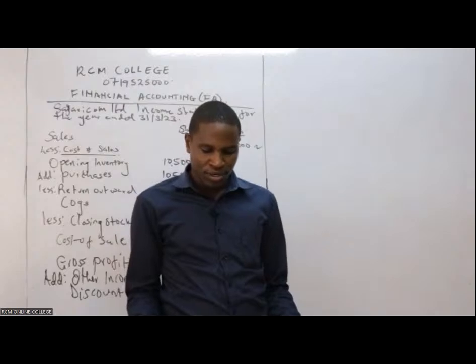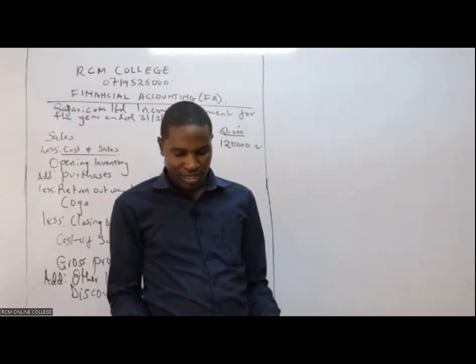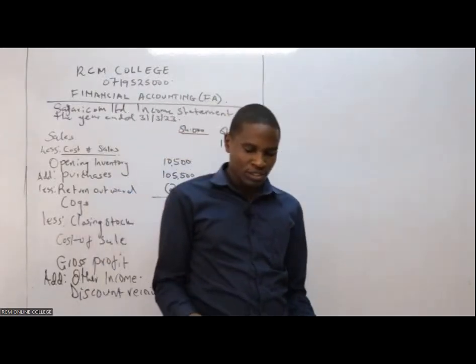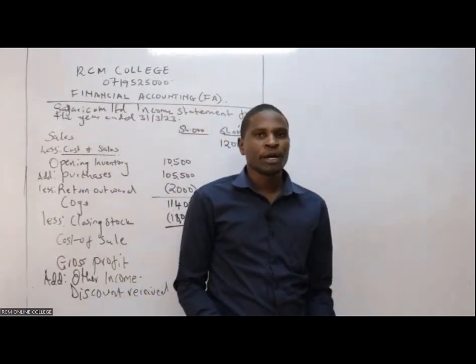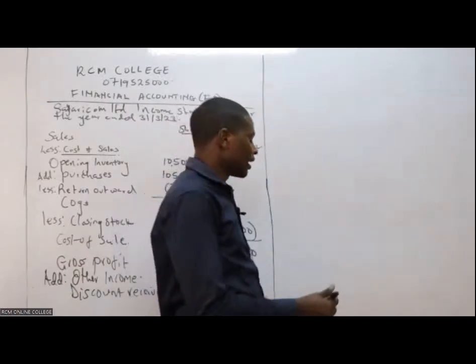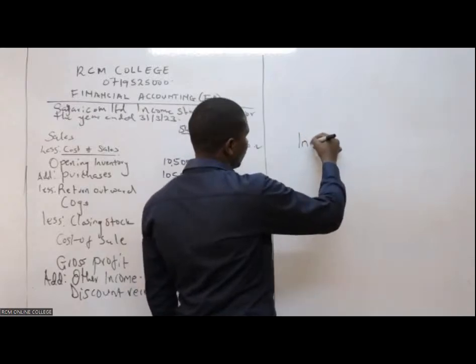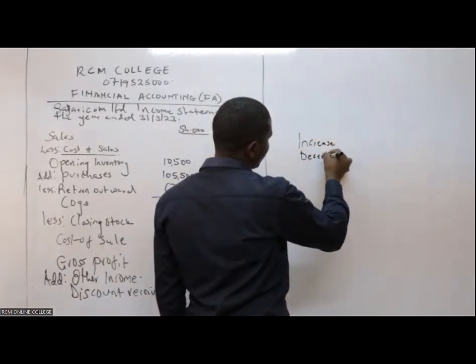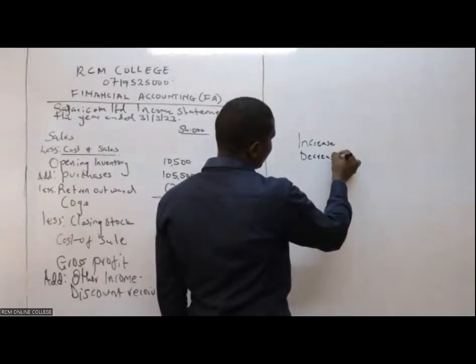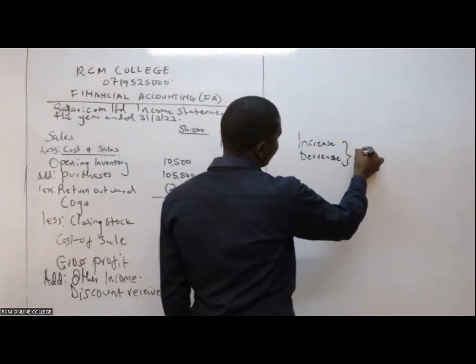The allowance for doubtful debt is to be adjusted to 5% of the account receivable as at that date. Now, I want to ask a question here. We have increase and decrease in allowance for doubtful debt.